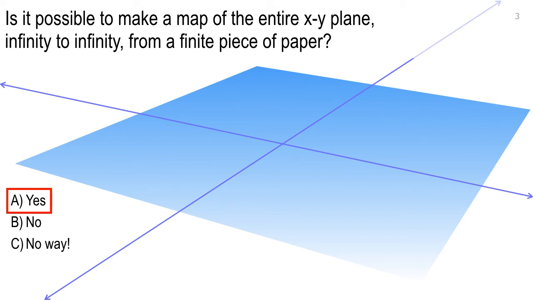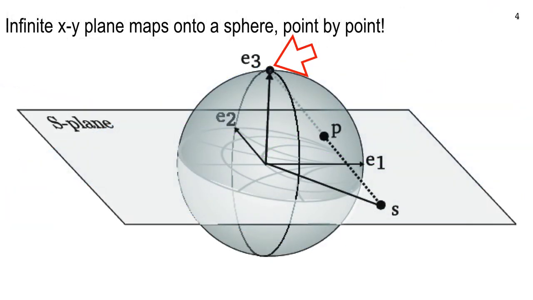And I'm going to show you how to choose any point. Like they say, pick a card, any card. Pick a point, any point on that plane, and I will show you how to map it easily onto a finite-sized piece of paper. The key is to make your paper a sphere. Here it is.